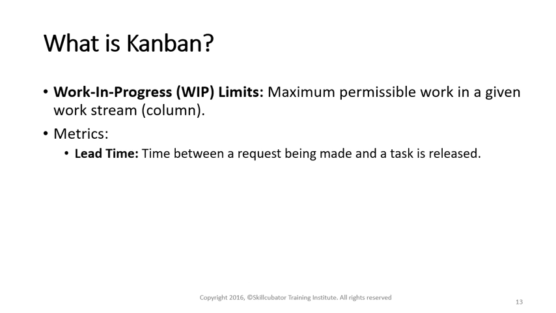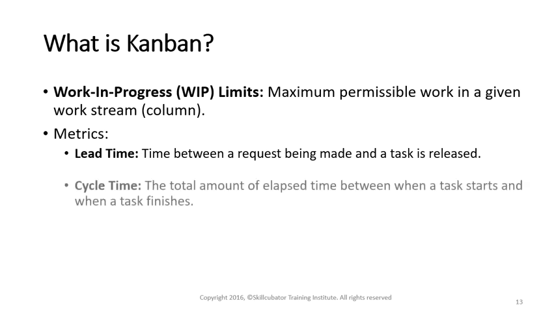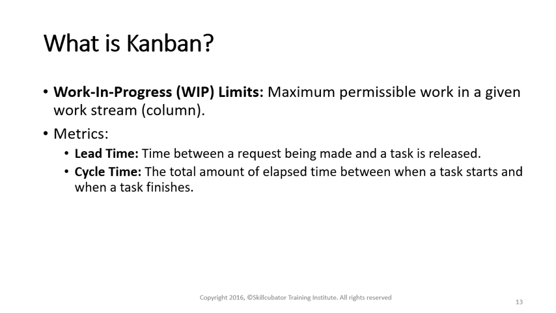Lead time. Lead time is the time from the moment when the request was made by the client, customer, and placed on the board to when all the work on this item is completed and the request was delivered back to the client. So basically, it's the total time the client is waiting for an item to be delivered. Then we have the cycle time. The cycle time is the amount of time that the team spent actually working on a work item, without the time that the task spent waiting on the board.